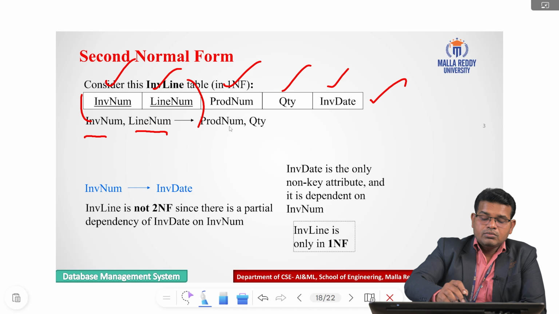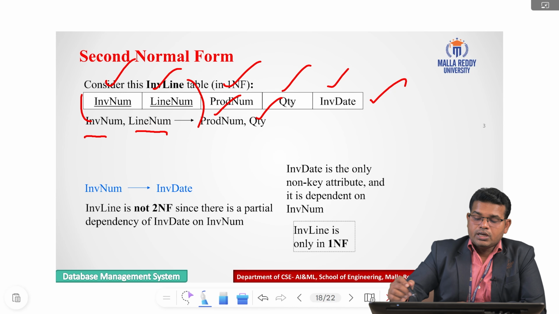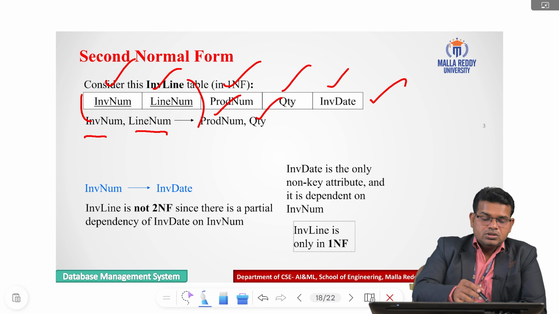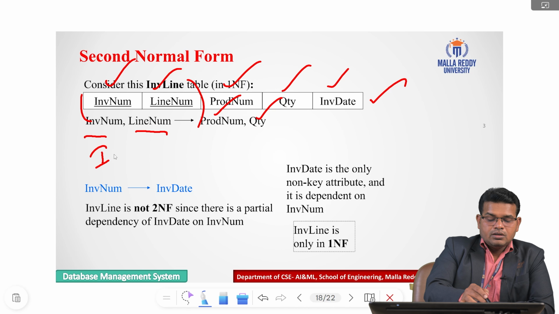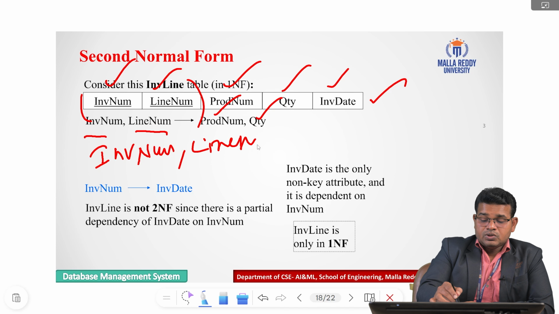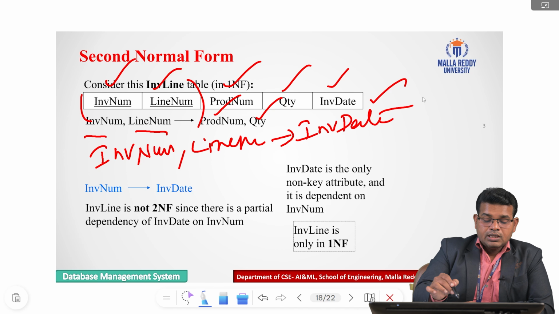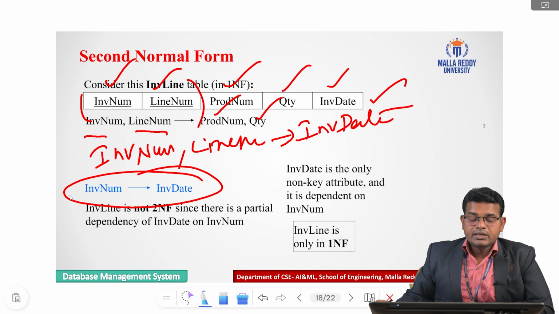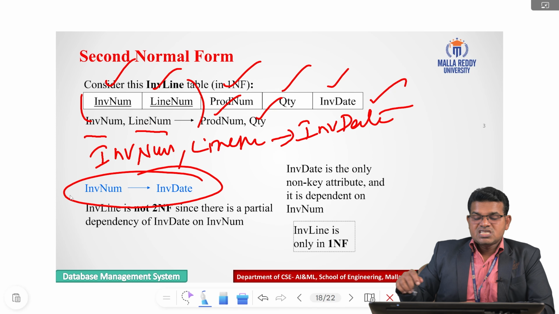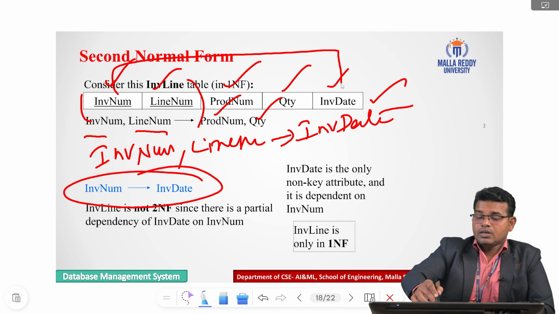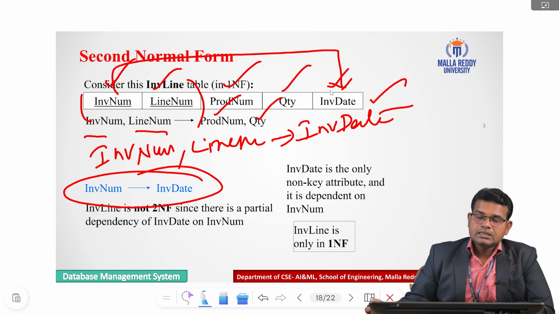Inventory number and line number together determine product number and quantity, and together they determine inventory date as well. Along with that, we have another additional dependency: inventory number determines inventory date. If inventory number separately determines inventory date, then a partial dependency occurs.